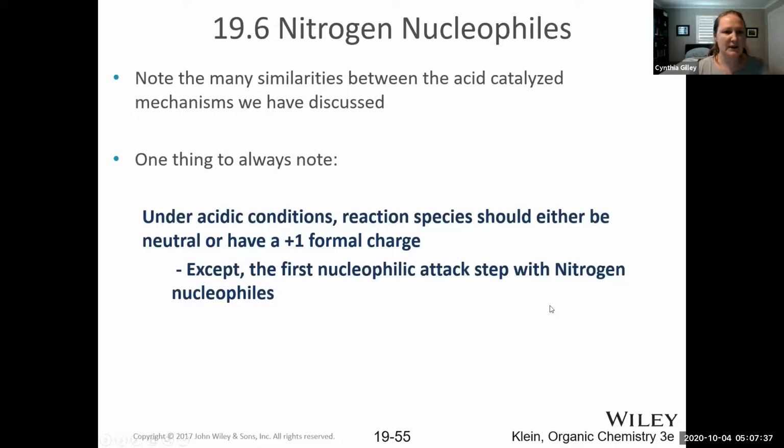Okay, so some similarities, right, between the mechanisms that we discussed. In general, under acidic conditions, the reaction intermediates should either be neutral or have one formal positive charge, right? The only exception is that very first nucleophilic attack that occurs with nitrogen-based nucleophiles.